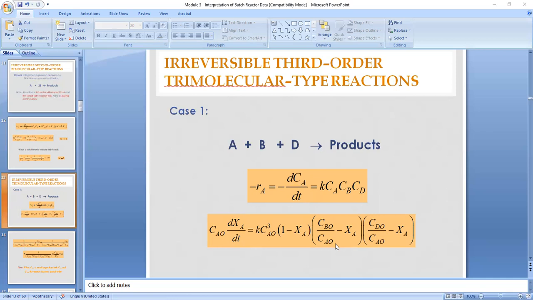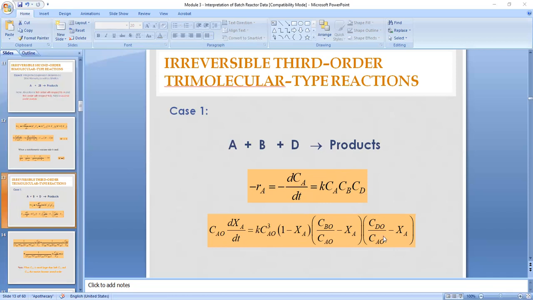Now, it was also shown to you last meeting that you can express initial concentrations of your species as ratios. So we have this represented as M, and this one is the ratio of D with respect to A, initial concentration, that is. The reason why you have C_A0 raised to 3 already is because you have multiplied the original right side by C_A0 over C_A0.